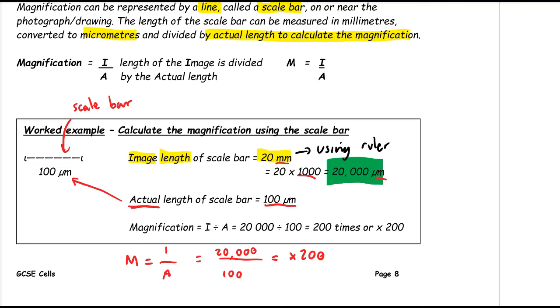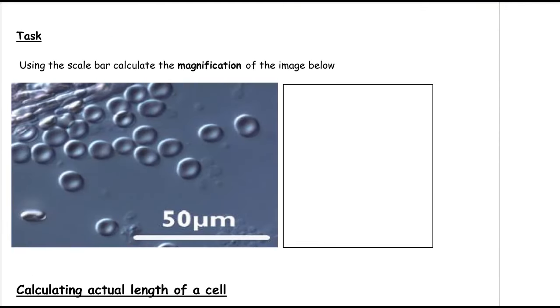Now, let me show you what it would look like in an actual exam question. So here are some red blood cells. Use the scale bar to calculate the magnification of the image below. So, magnification equals the image length divided by actual length.